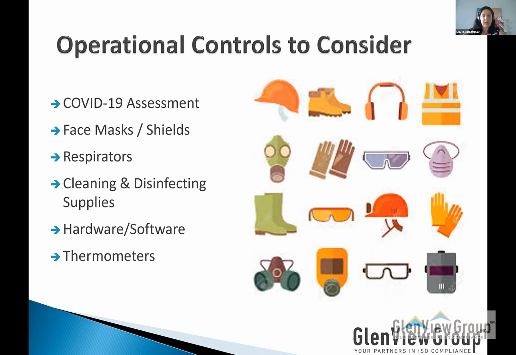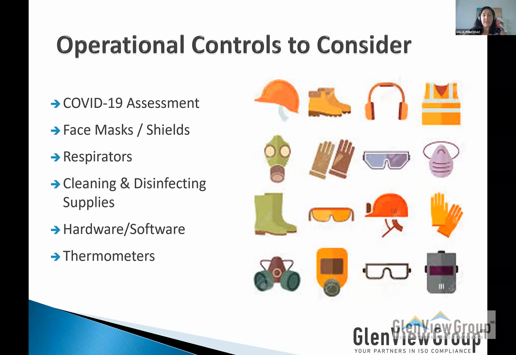Again, this is just different types of personal protective equipment that you can take into consideration. Face masks, face shields, respirators, or maybe just cloth masks. If your personnel are already separated, maybe cloth masks or just face covering is enough.